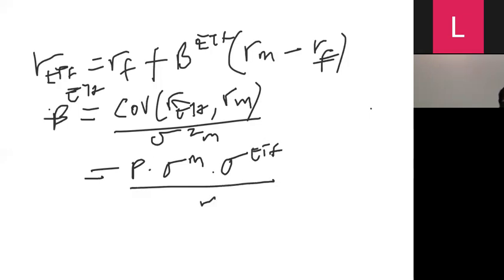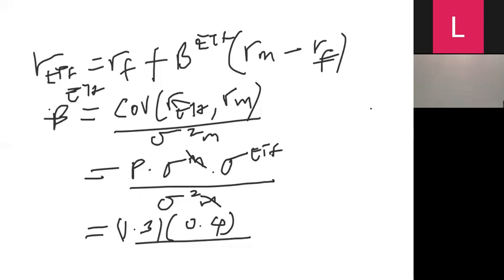Same way, this cancels this. That means we have our beta equal to 1.3 multiplied by the standard deviation of ETF, which is 0.4, all over that of the market, which is 0.25.